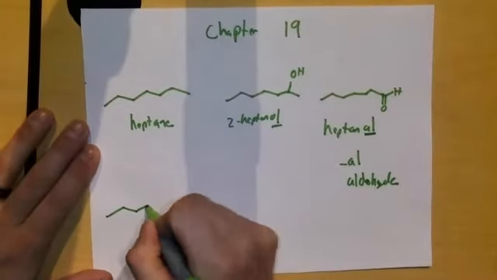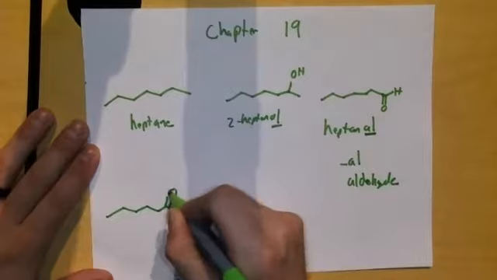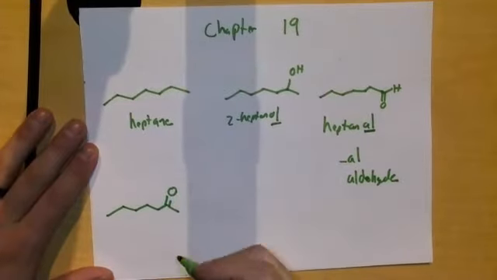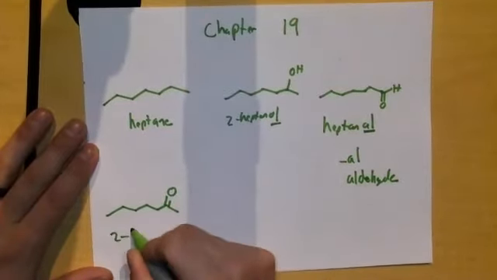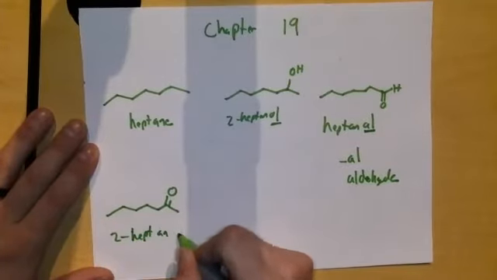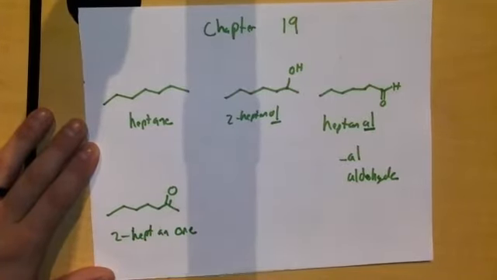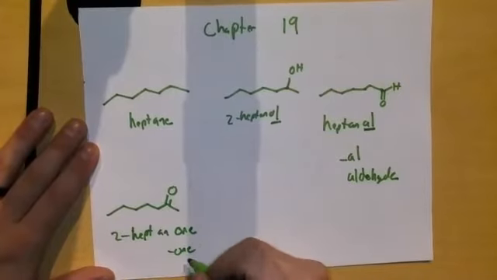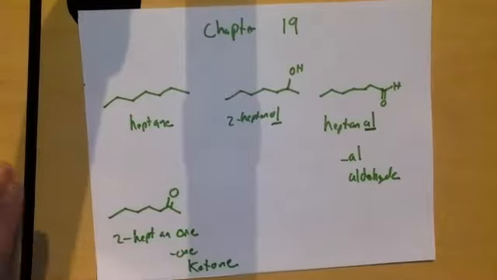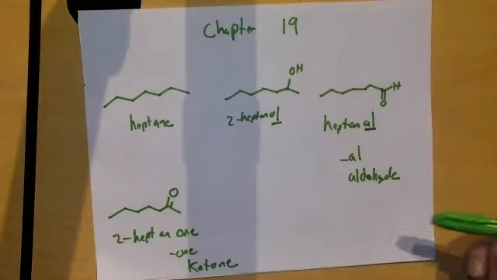So taking the same molecule, putting a ketone here, this would be 2-hept and -one. So ONE for ketone. Okay, so that's nomenclature for this section. The rest of it follows just normal rules.